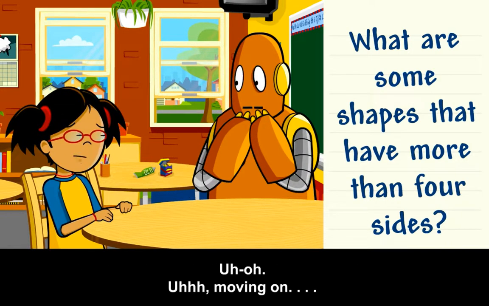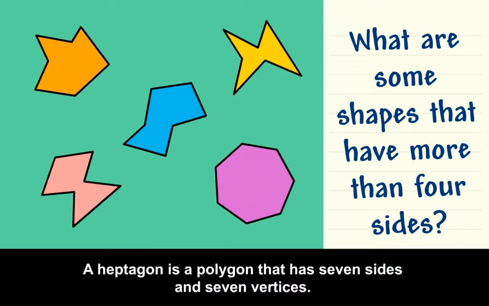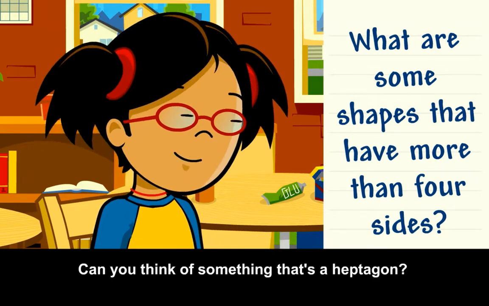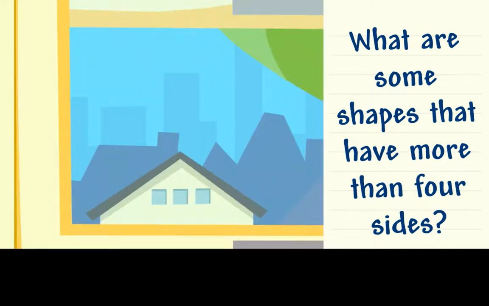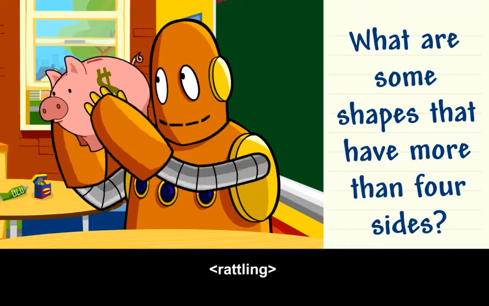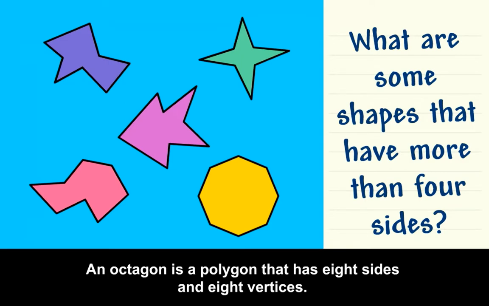Uh-oh. Moving on. A heptagon is a polygon that has 7 sides and 7 vertices. Can you think of something that's a heptagon? Cool! Some countries like the United Kingdom, Jamaica, Mexico, and Uganda have heptagon-shaped coins. An octagon is a polygon that has 8 sides and 8 vertices.